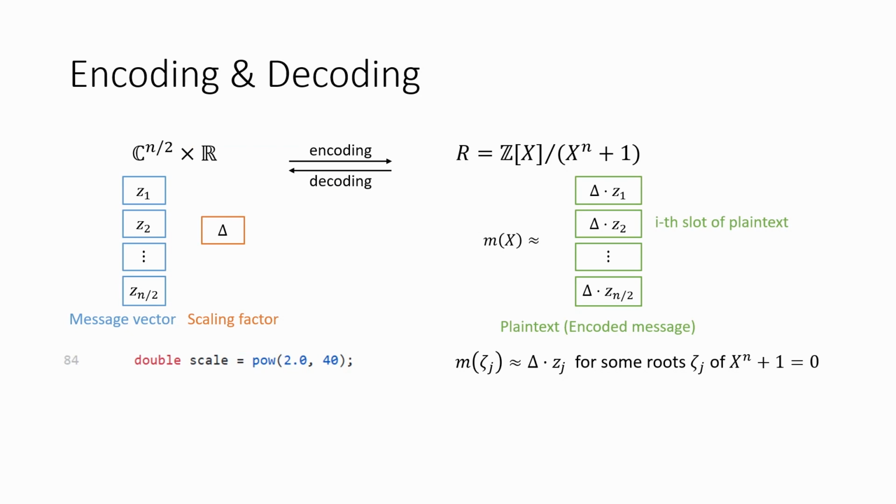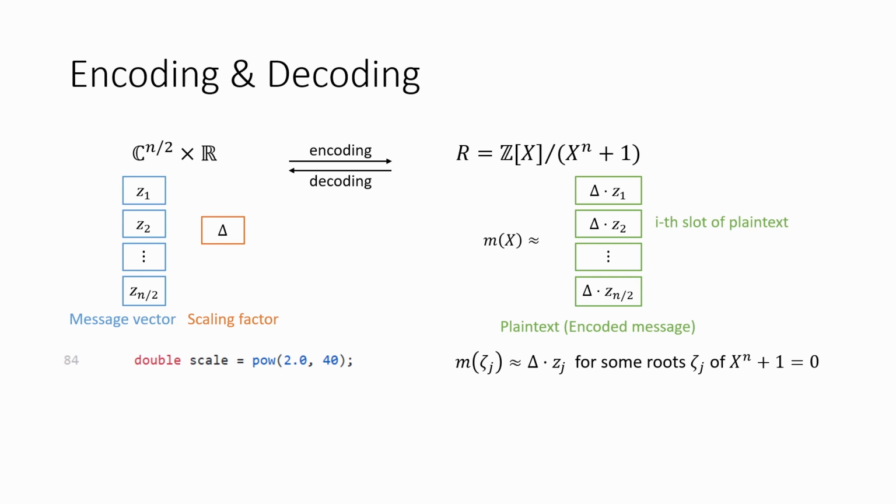Encoding and decoding are public transformations between message and plaintext. As noted in the previous session, the scheme works over the set of polynomials modulo x to the n plus 1. The set is denoted by R.